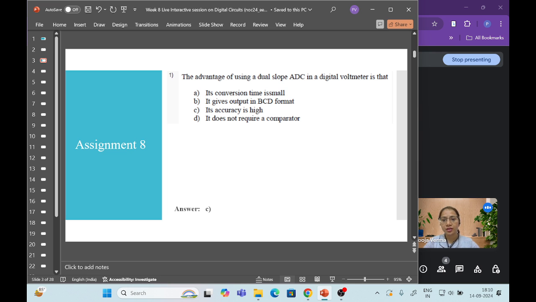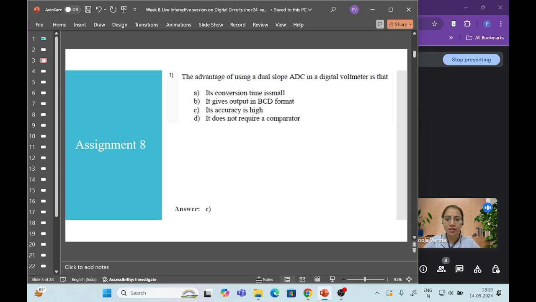The first question for this week: the advantage of using a dual slope ADC in a digital voltmeter is that option A, its conversion time is small. Option B, it gives output in BCD format. Option C, its accuracy is high.